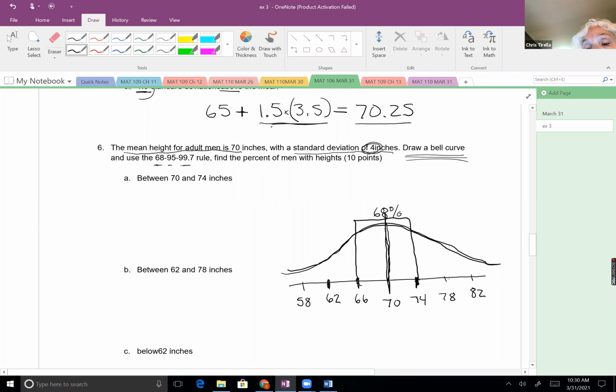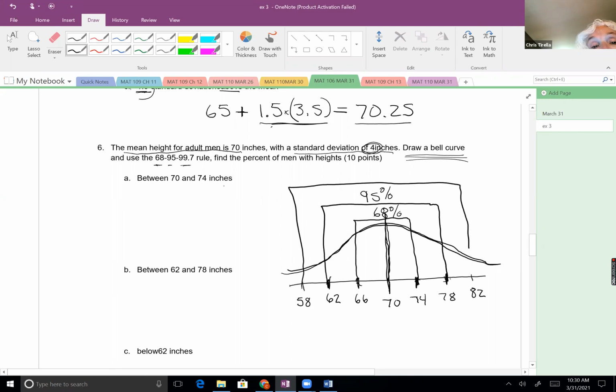Then we're going to go 1 above and below that. We'll connect those with a box that we'll label with our 95%. And then those third ones we'll connect and label with our third number, our 99.7%.